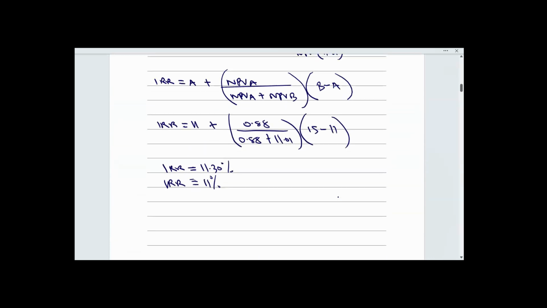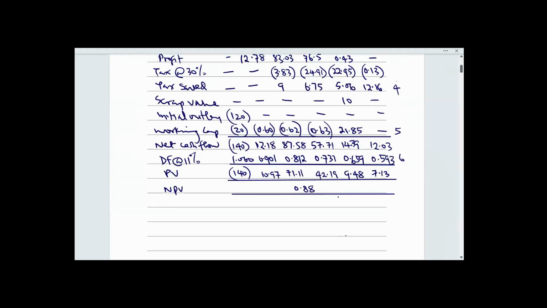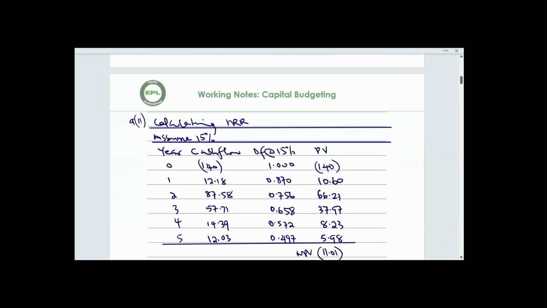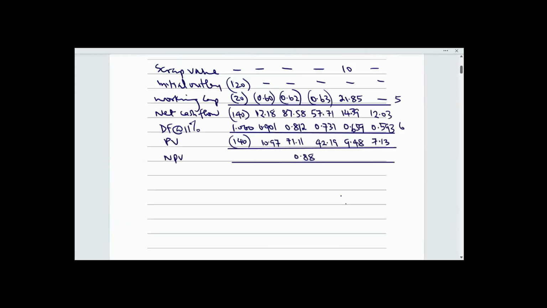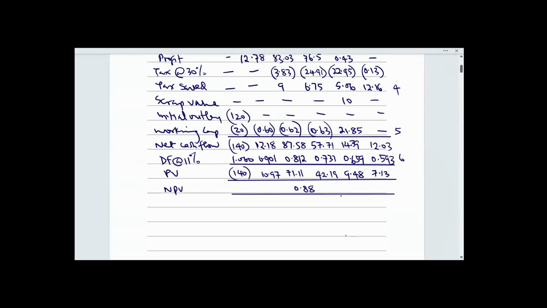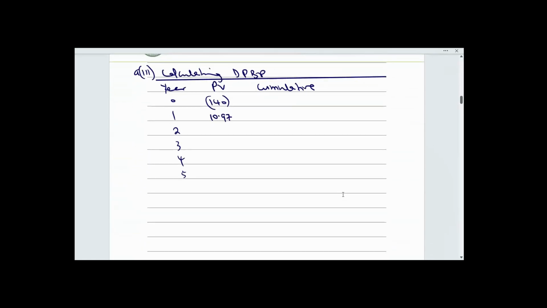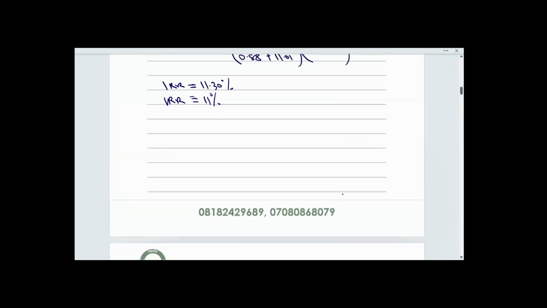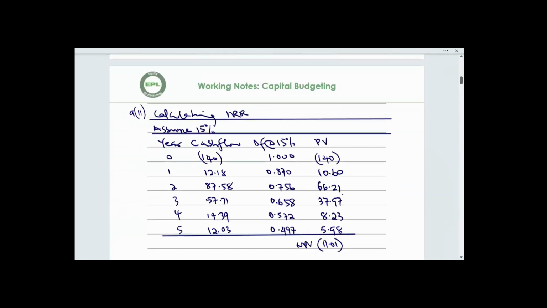In year 1, present value of year 1 that we calculated was 10.97. In year 2, it was 71.11. In year 3, present value, 42.19.